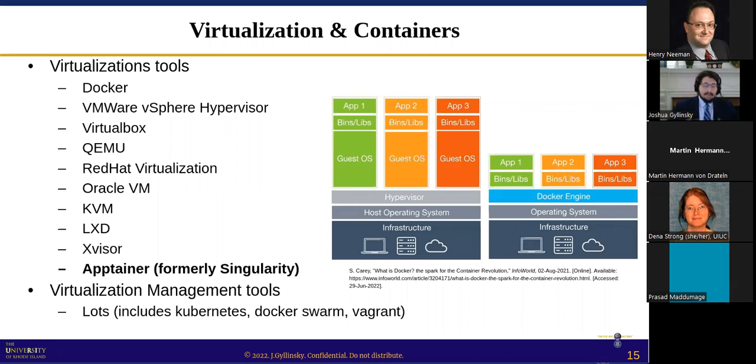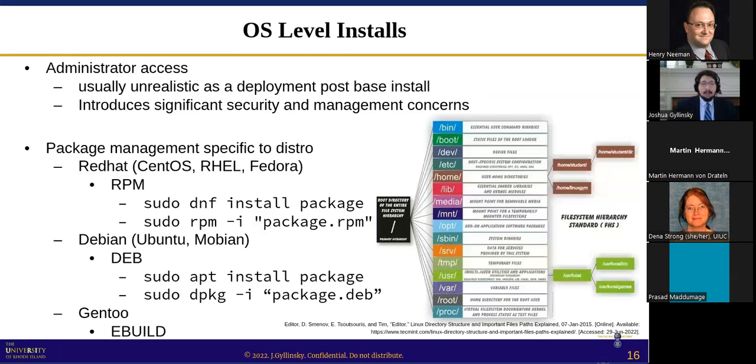They all have varying levels of either integrated or complementary virtualization management tools. You've probably heard the term Kubernetes or Docker Swarm or Vagrant as deployment management, as well as virtualization management tools. So that allows you to produce kind of an entire operating system.